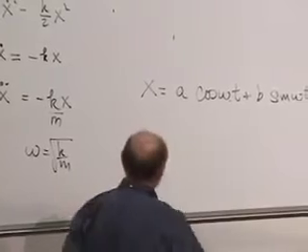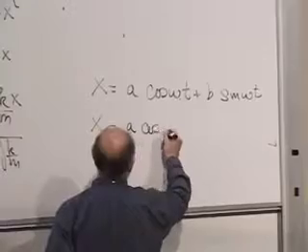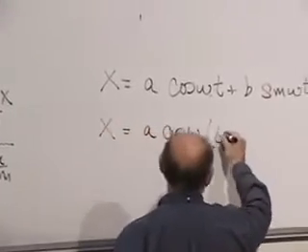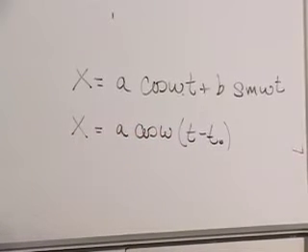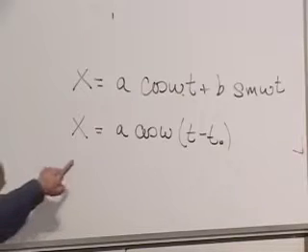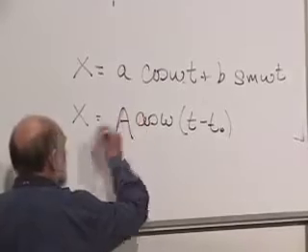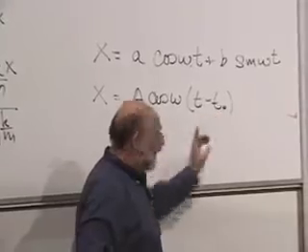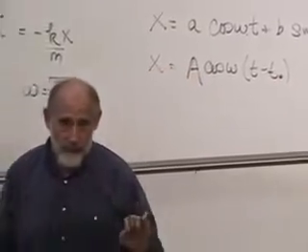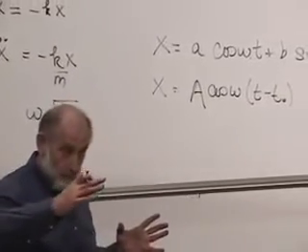There's another way to write it. You can also write it as x is equal to A times cosine of omega times (t minus t naught), where t naught is just some constant starting time. Again, it has two parameters. An amplitude, let's call it capital A, an amplitude of oscillation, which tells you how big the oscillations are, and a particular time, which is the time when the oscillation reaches its maximum.